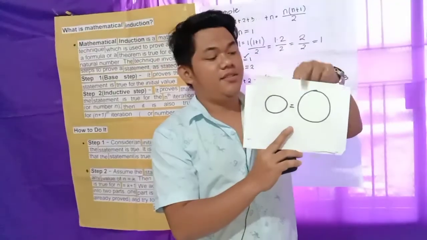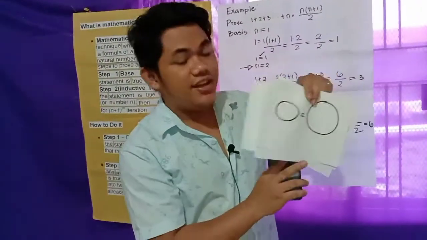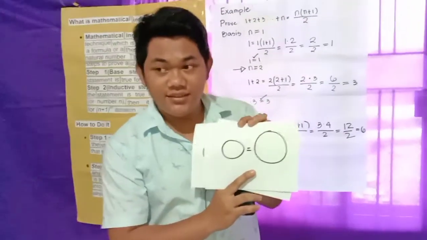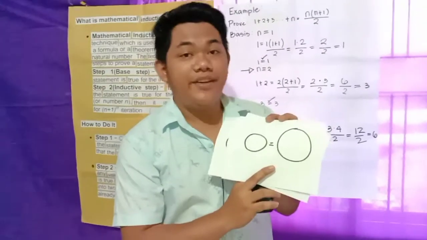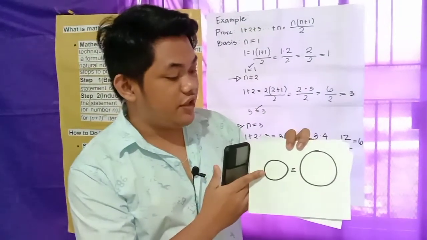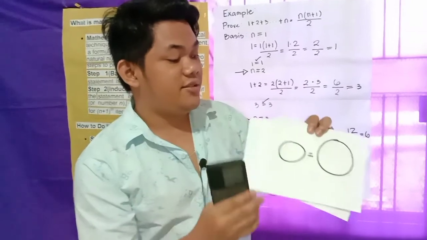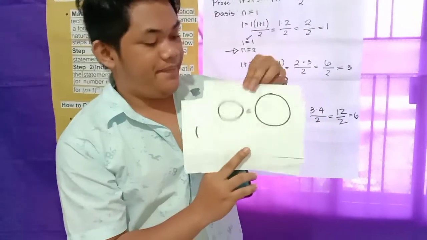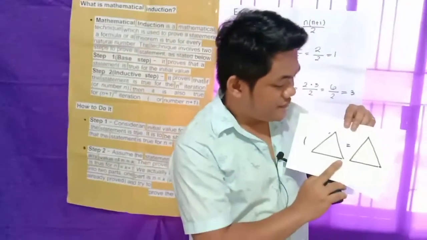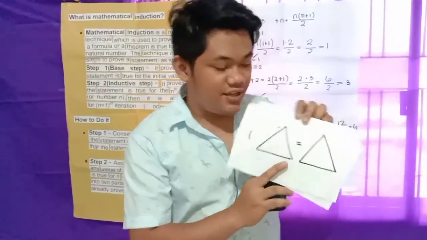Next, students, what is this shape? This is a circle. Are they equal or not? Okay, they are not equal because the right side is small and the left side is big. Next, what is this shape? Is this a triangle shape?